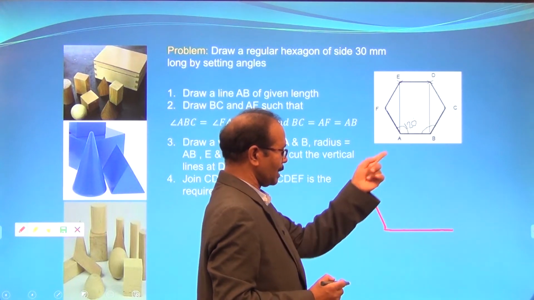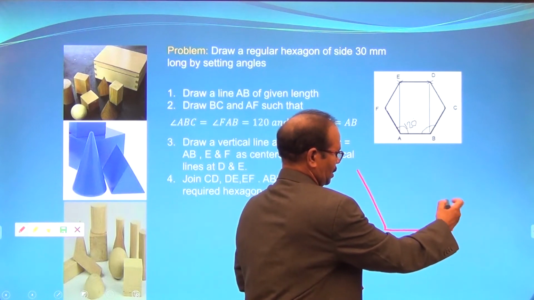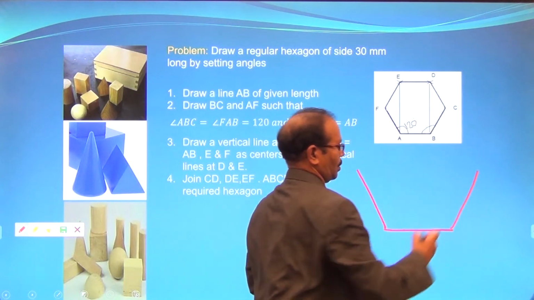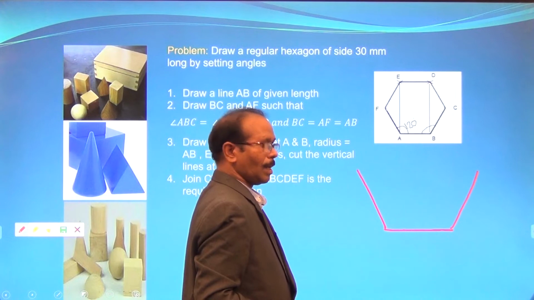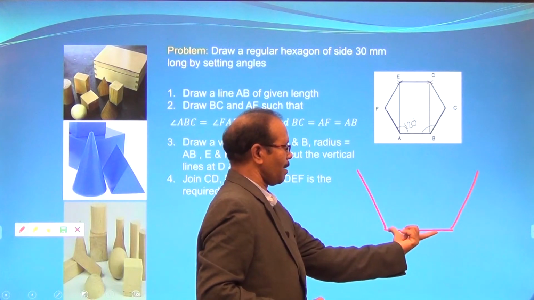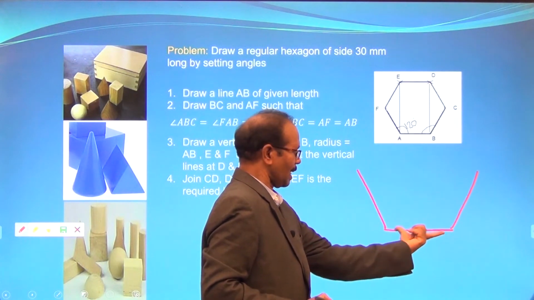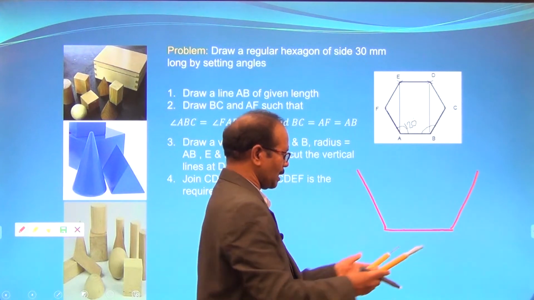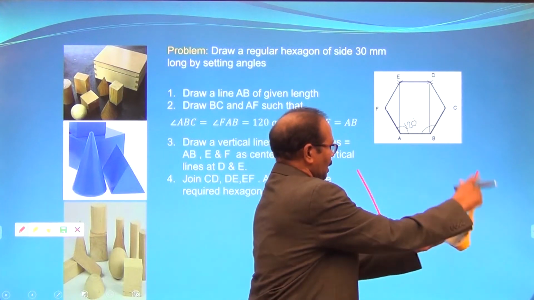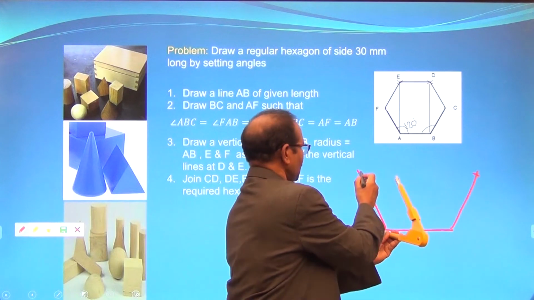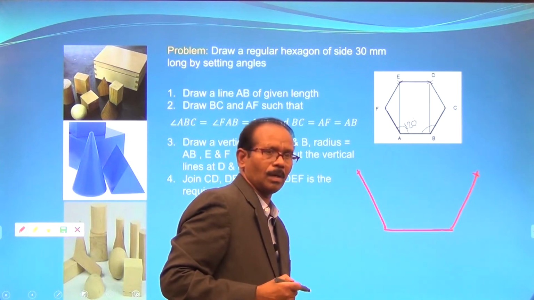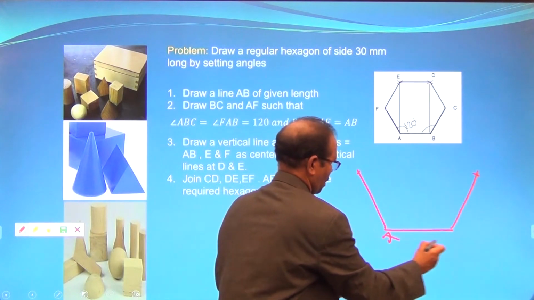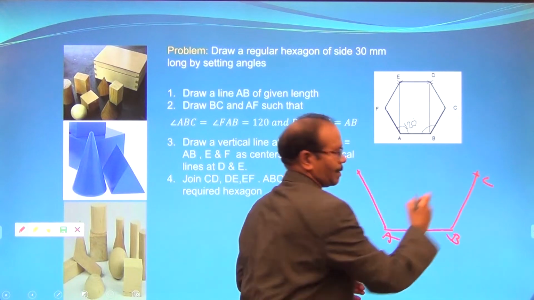One more 120 degrees on the other side. Cut that line with AB as the size. With AB length, cut this here, cut this here. Now say A, B, C.